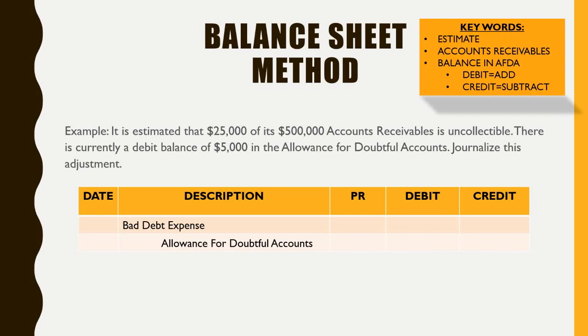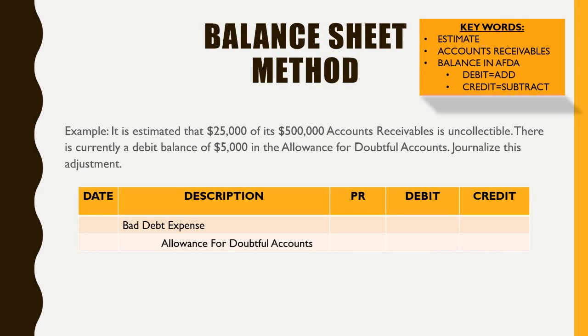Good. The next thing is, do you have an account balance in your allowance for doubtful accounts? If you remember, the allowance for doubtful accounts is a contra account, okay? Meaning it flows in the opposite direction of the main account, which is your accounts receivable. But it depends on whether you have a debit or a credit.